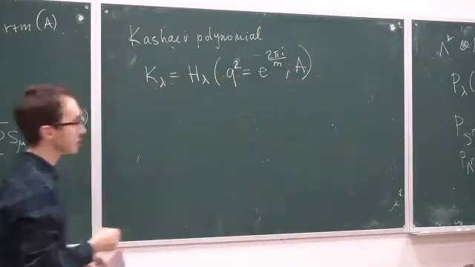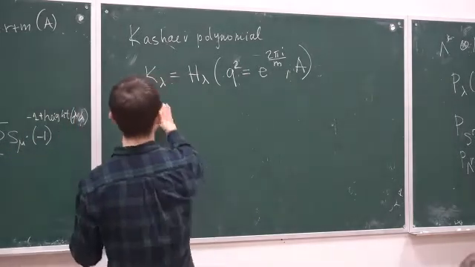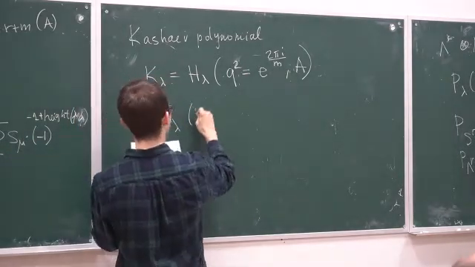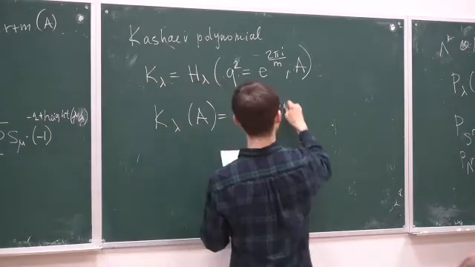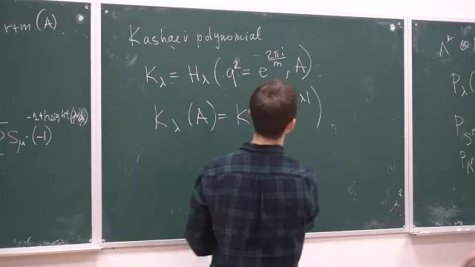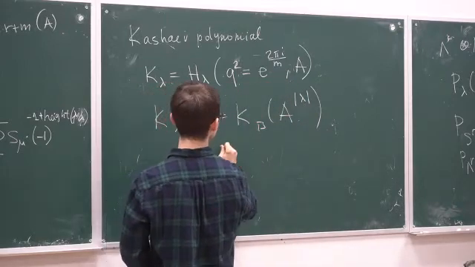So instead of q, we substitute a primitive root of unity. Then it turns out that K lambda of a is equal to K of the single box of a to the power of lambda. And lambda also should be a single hook.